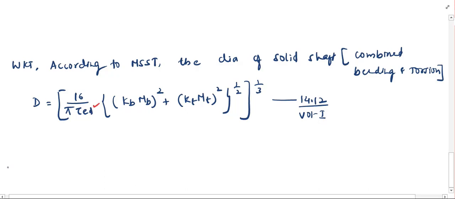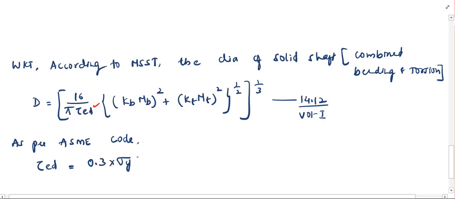So as per the numerical, it is asked to use the ASME code. So let me use the ASME code, American Society of Mechanical Engineers. The tau ED value is found out by using 0.3 times sigma y.